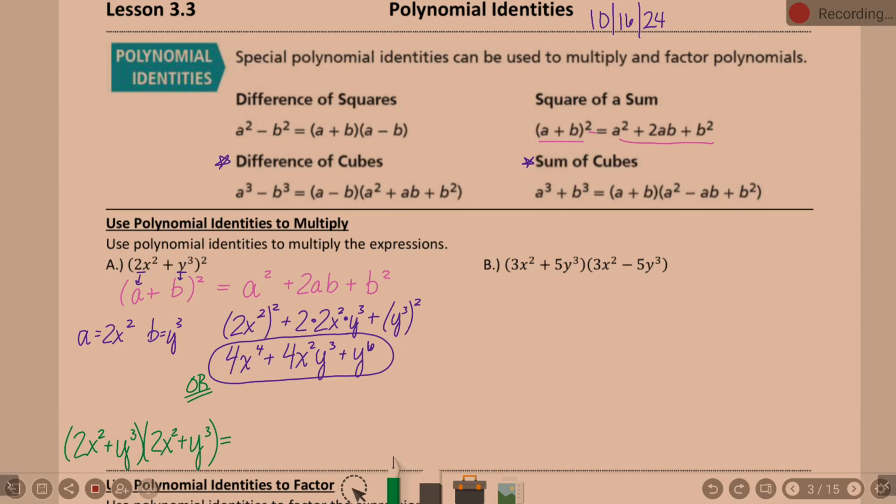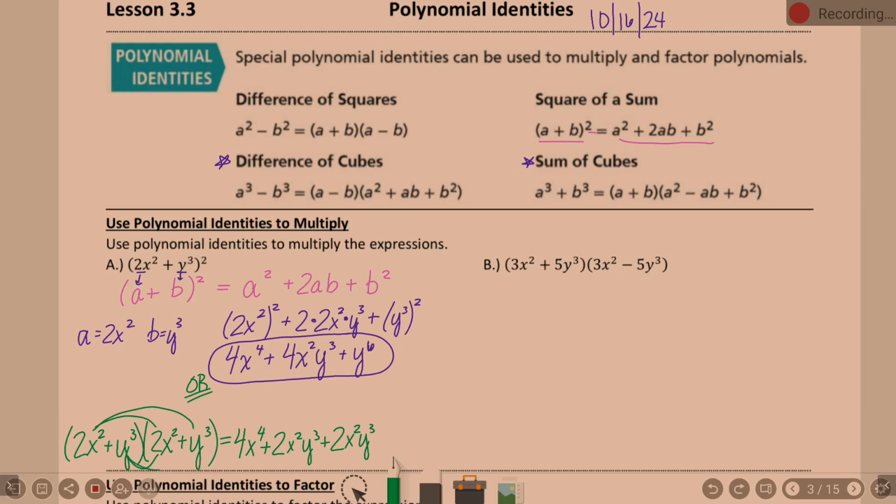Okay? So, as in, 2x squared times 2x squared is 4x to the 4th. 2x squared times y cubed is 2x squared y cubed. Inside, y cubed times 2x squared, another 2x squared y cubed.